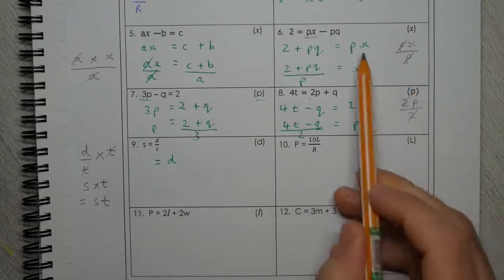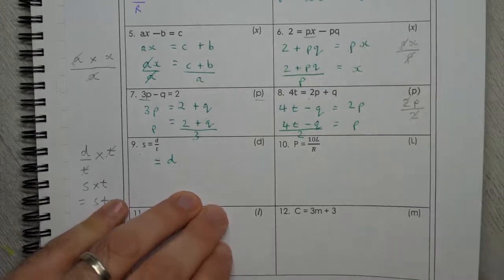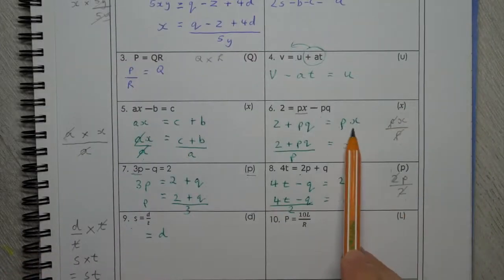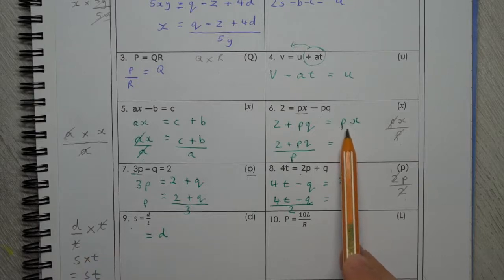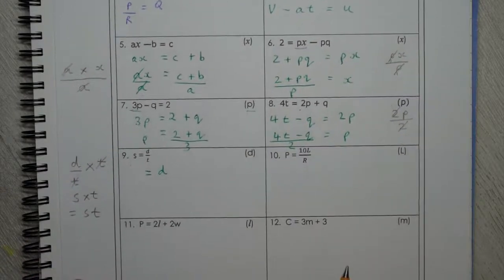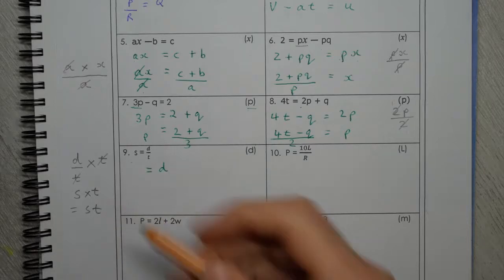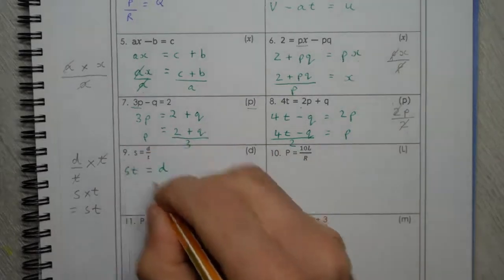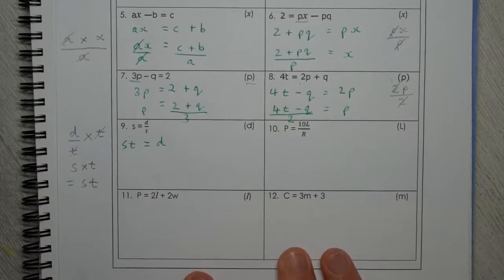It's like when we have px, we know that there is a multiplication sign, p times x. Same here. When we have s times t, we can write it as st. So st is equal to d. And d is the subject of the formula, so that's the answer.